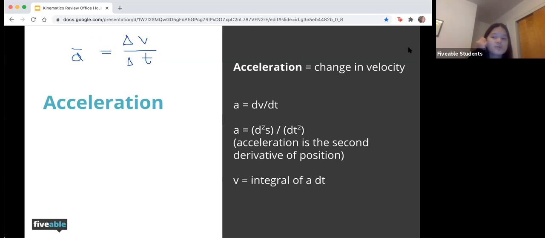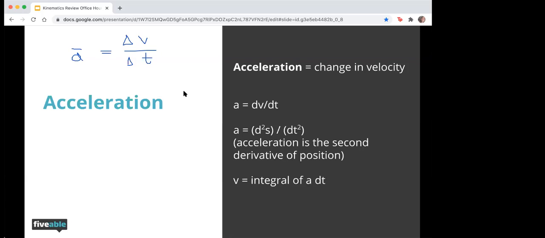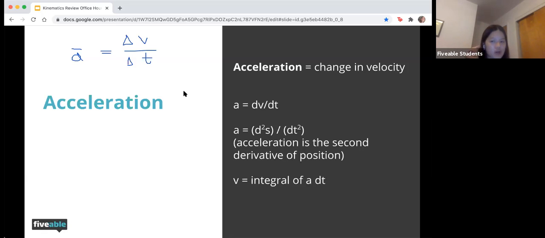For that, you just use algebra to solve. And because velocity is a vector, acceleration is also a vector. Now let's look at the calculus side. Say we wanted to find the instantaneous acceleration, meaning the acceleration right now, this current moment.